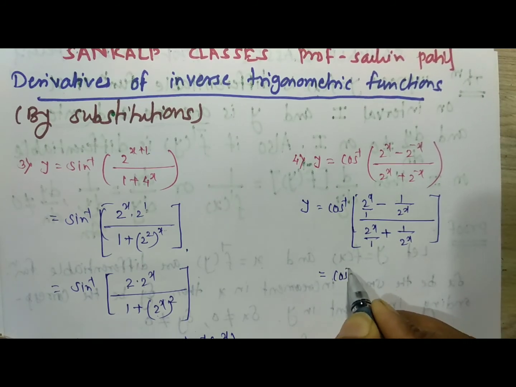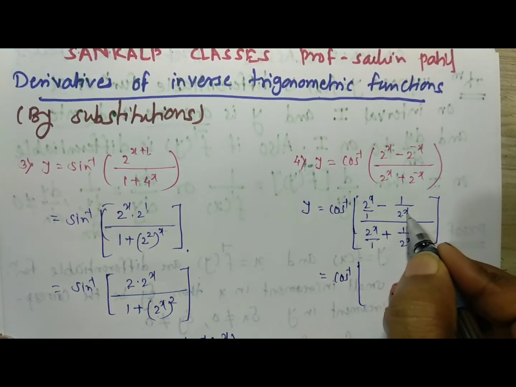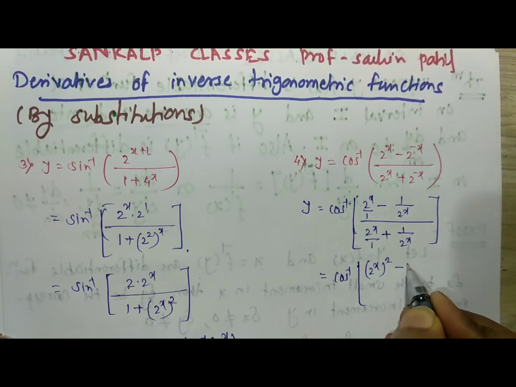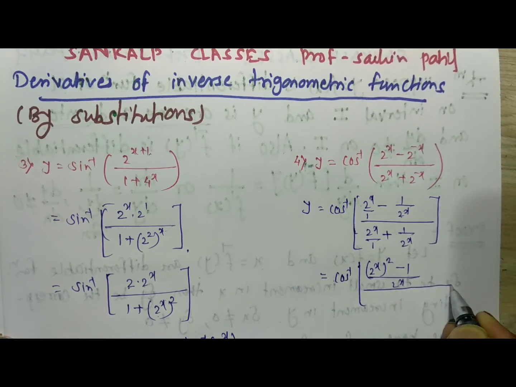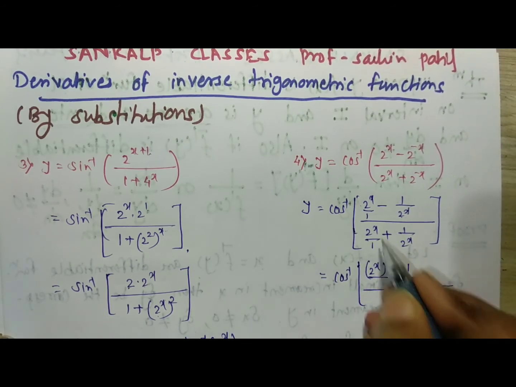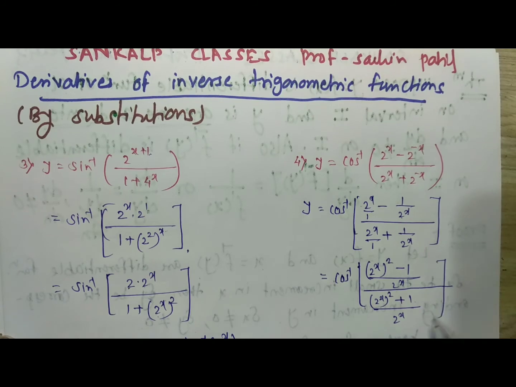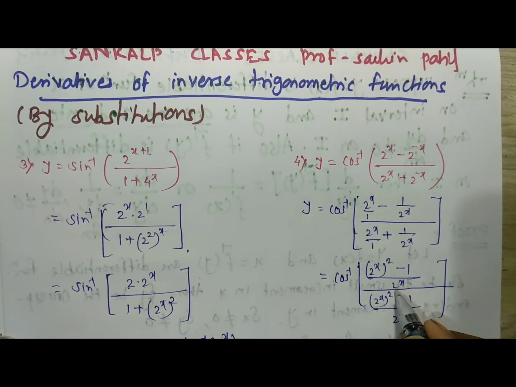You will get the cos inverse inside the bracket 2 raised to x into 2 raised to x, that means 2 raised to x square minus 1 divided by 2 raised to x, whole divided by 2 raised to x into 2 raised to x, then 2 raised to x square plus 1, whole divided by 2 raised to x. That means this 2 raised to x and 2 raised to x cancel to each other.